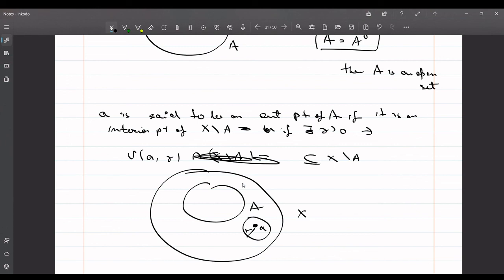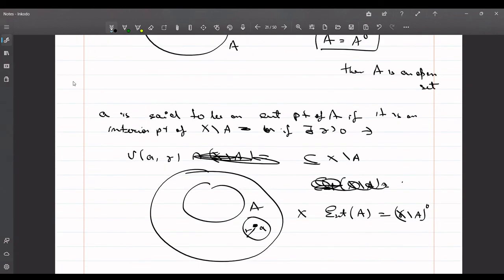Or you can write it like this: the exterior of A simply resembles the interior of X minus A.